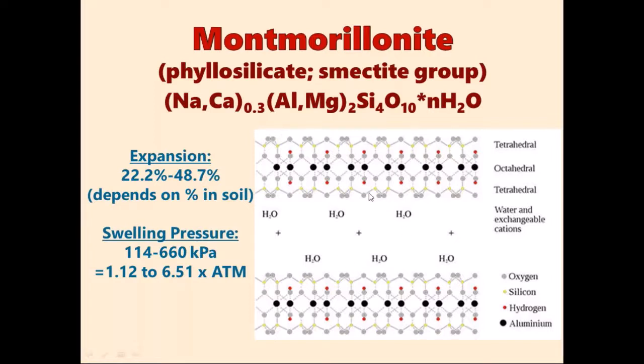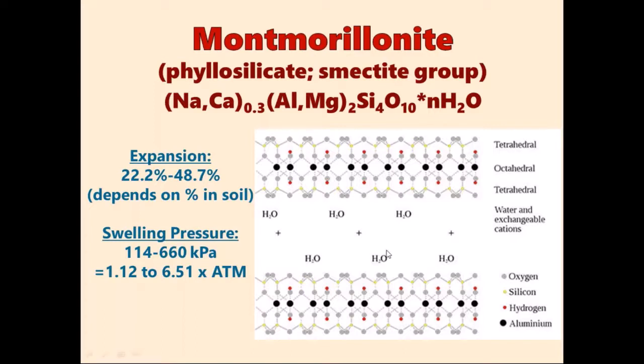The stick and ball diagram that I'm showing here is what montmorillonite looks like on the atomic level. It's a clay mineral that's comprised of TOT, or tetrahedral and octahedral sheets of atoms that are sandwiched together, and in between these TOT layers we can have cations and also water molecules that can get in there.